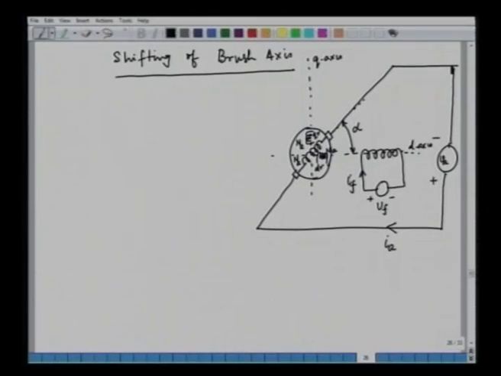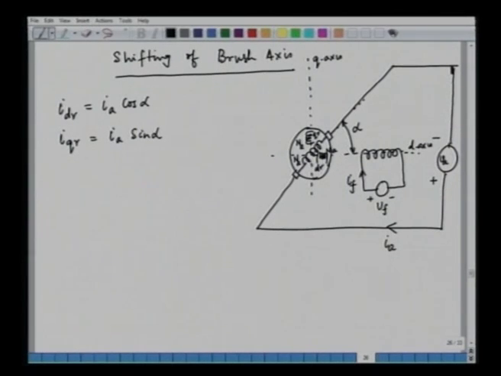And if you equate the MMF in this case, we can say IDR is equal to Ia cos alpha. Very naturally, this is the projection along the D axis. So, this is Ia cos alpha, and IQR is equal to Ia sin alpha. All right.